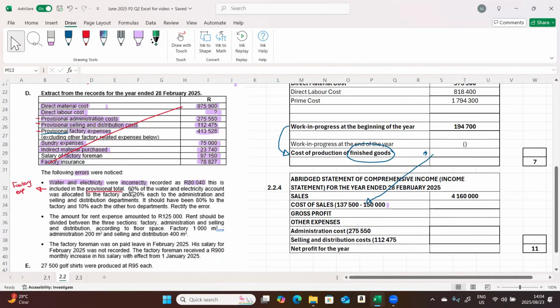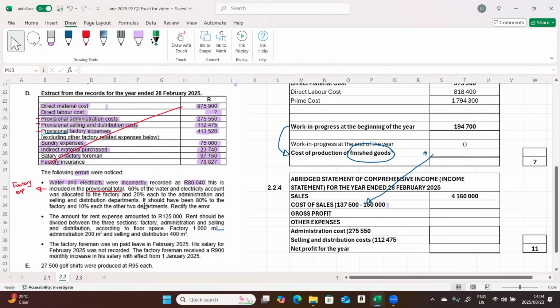Then they tell us 60% of the water and electricity account was allocated to the factory, so 60% belongs over here, and 20% each to the administration and selling and distribution departments, 20% each.